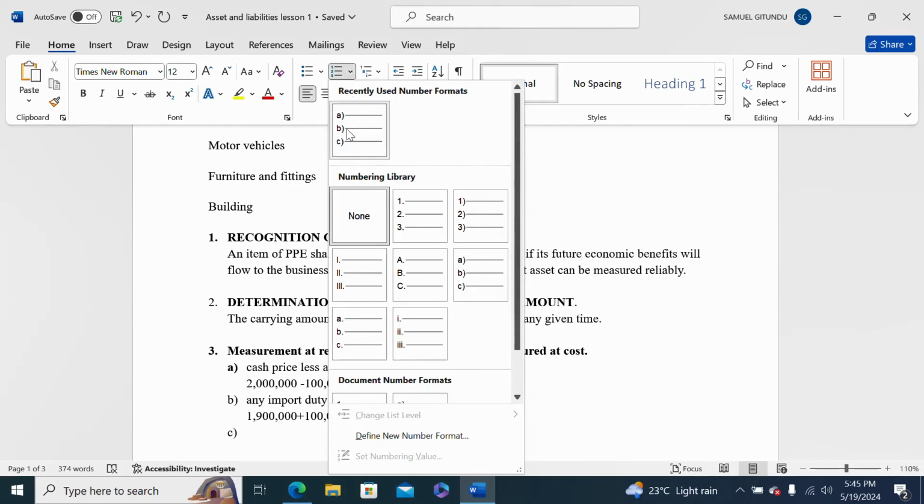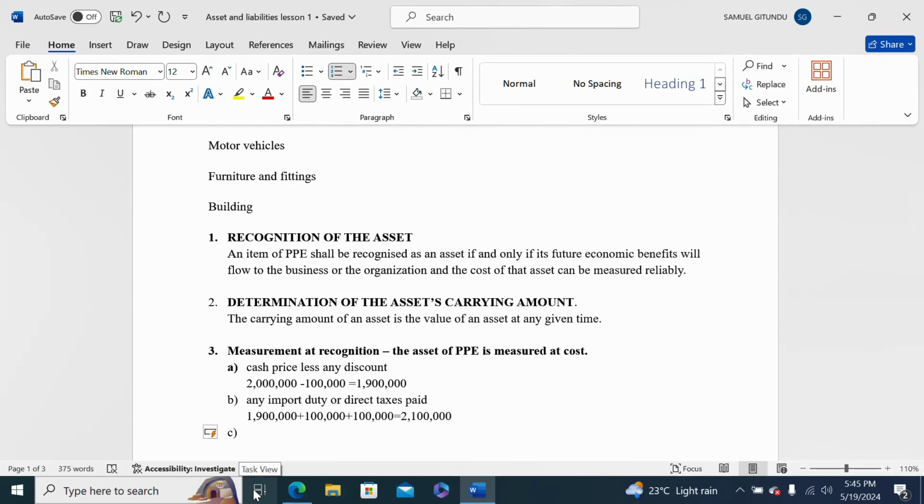The other element of the cost of an item of property, plant and equipment is any cost incurred to bring the item of property, plant and equipment to its useful state.